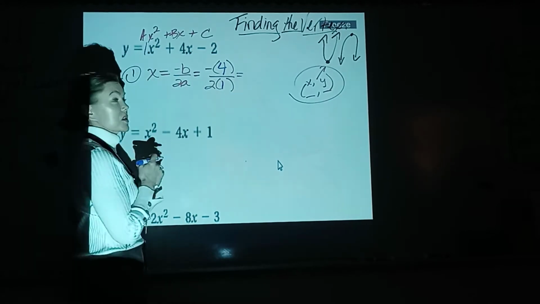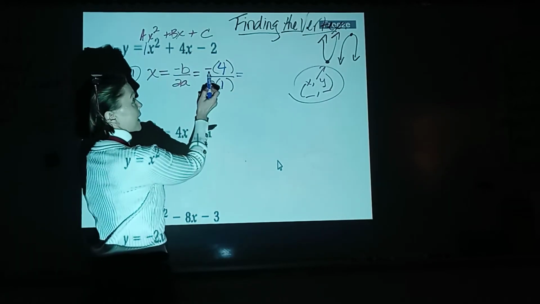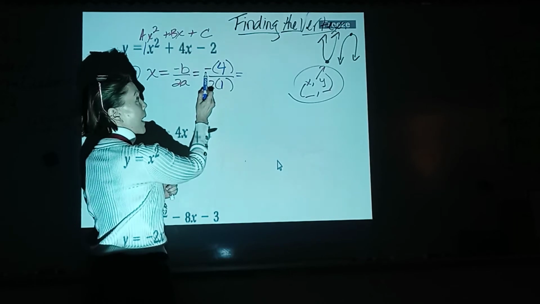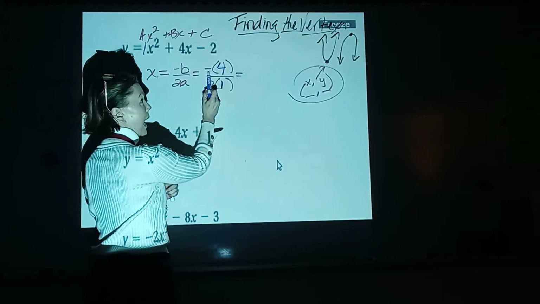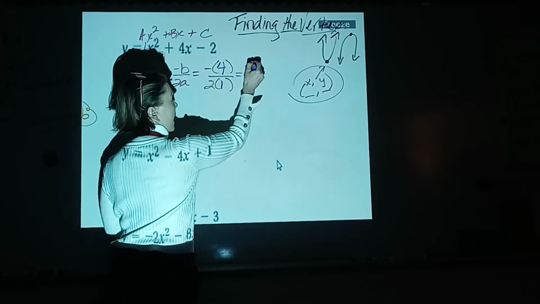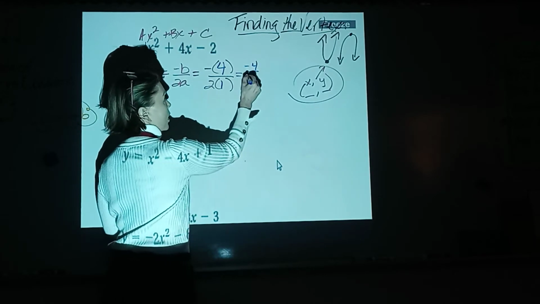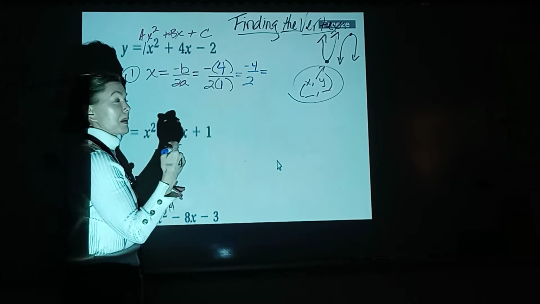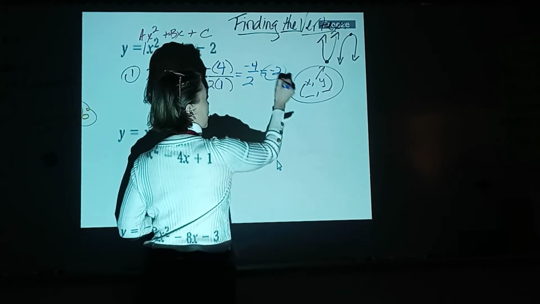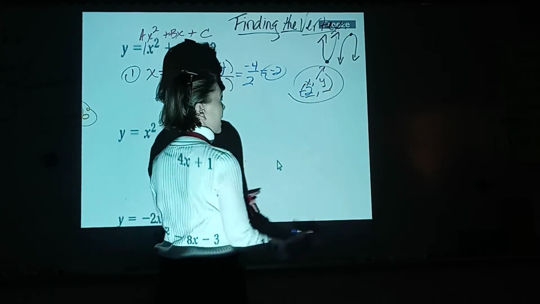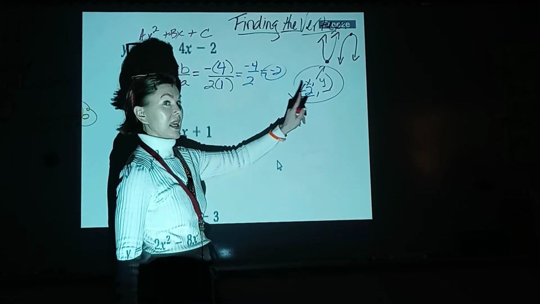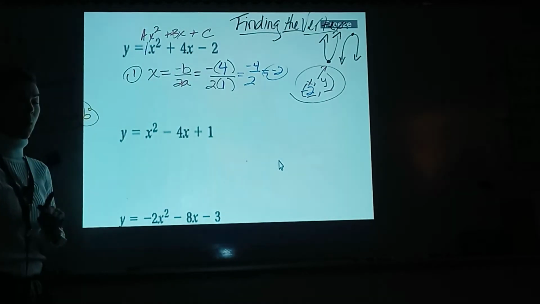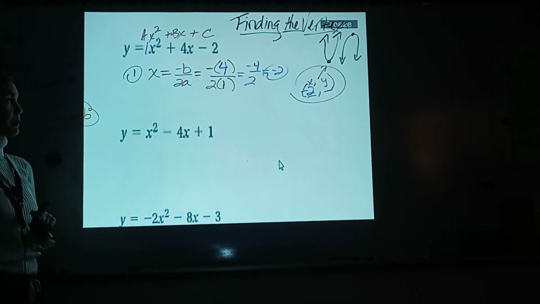Now we just do the math. This negative symbol tells you give me the opposite of what's inside. So what's the opposite of a positive 4? Negative 4. And 2 times 1 is 2. And so when that is simplified, negative 4 divided by positive 2 gives you a negative 2. So now we know that the x value of our vertex is negative 2. Do we all see how I did that? We're going to have some practice.